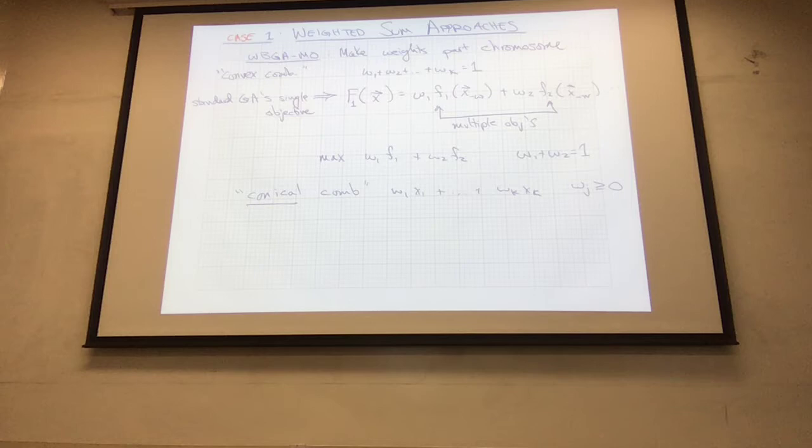And so we choose random weights, W1 through WK, where they're all greater than or equal to 0, and they sum to 1. If you're clever about it, you can draw basically k random numbers and normalize them. That's one way to do it.